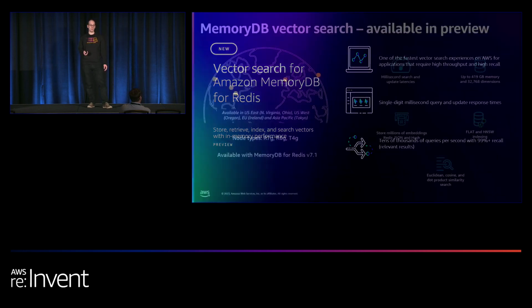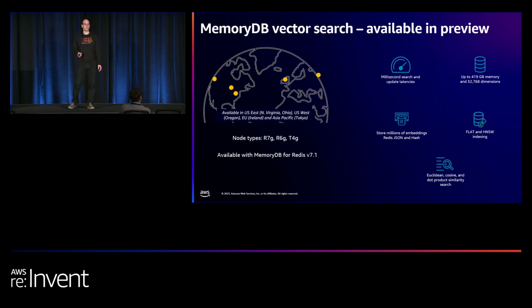So now, let's go over what's available in the preview. Over the course of this year, we've had many customers reach out to us and express interest in vector support for MemoryDB. As this space is evolving very quickly, we wanted to get something useful in your hands as early as possible.